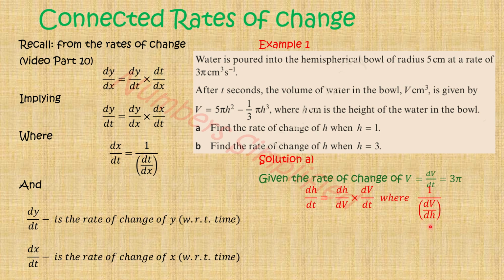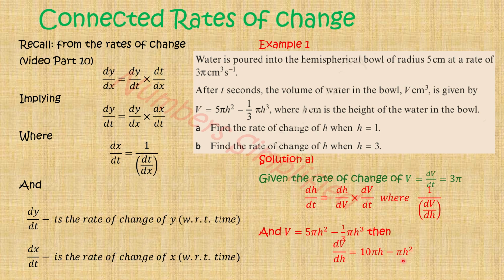Now that would take us to the V. We know that the V that we're given, the formula for the volume, is 5 pi h squared minus 1 over 3 pi h cubed. Then we can get the dV/dh from here, where we are differentiating V with respect to h, so that we get 10 pi h minus pi h squared.